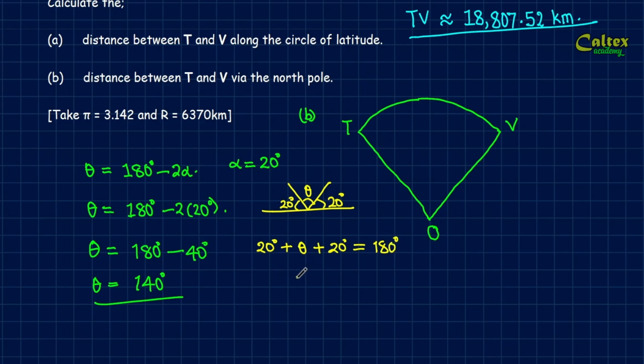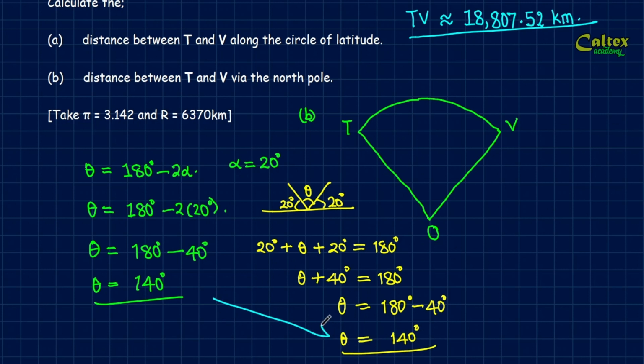Summing them together, we have theta plus 40 degrees equals 180 degrees. Then solving for theta, we subtract 40 degrees on both sides. When we do that, on the left-hand side we're only left with theta. Here we get 140 degrees. This is the same way of doing that work. Any of the two is accepted.